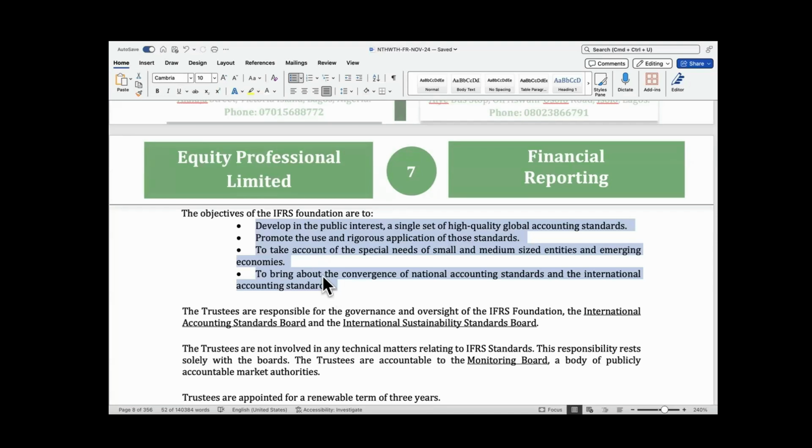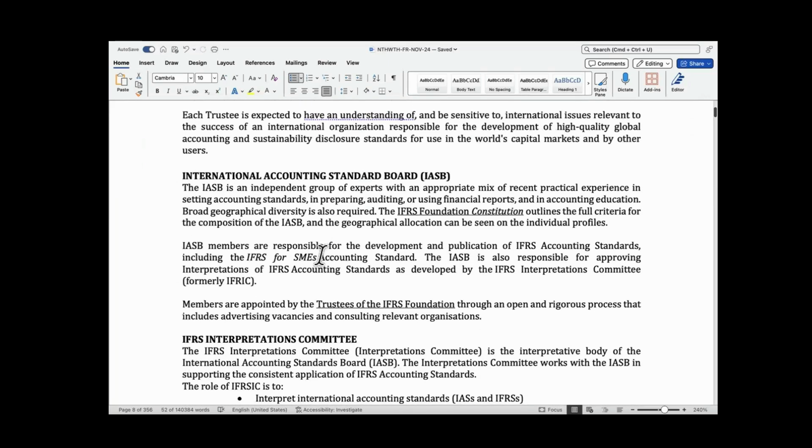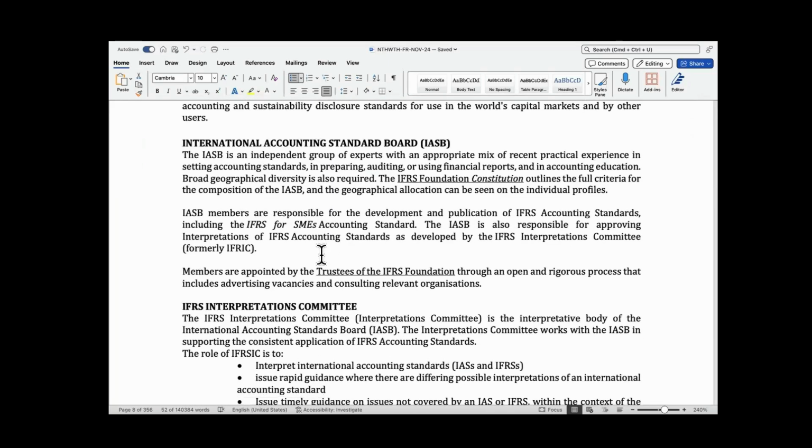And the monitoring board appoints and fires the trustees of the IFRS Foundation, while the trustees of the IFRS Foundation itself are the ones that have the core mandate to develop standards and to ensure people use them, which they have done very well.